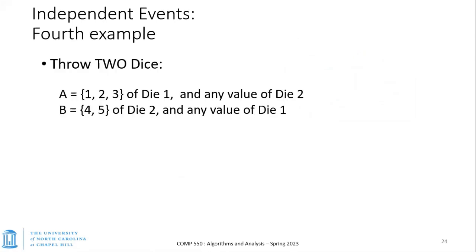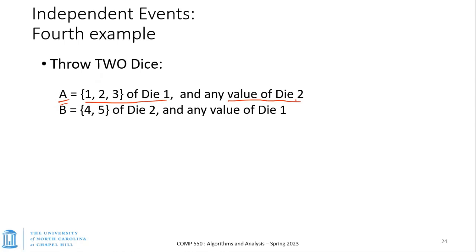Let's take a look at yet another example, to clarify multiple experiments. Now you're doing an experiment in which you're throwing 2 dice, and we're defining A as the event 1, 2, 3 of die number 1. It doesn't really matter what the second die has.